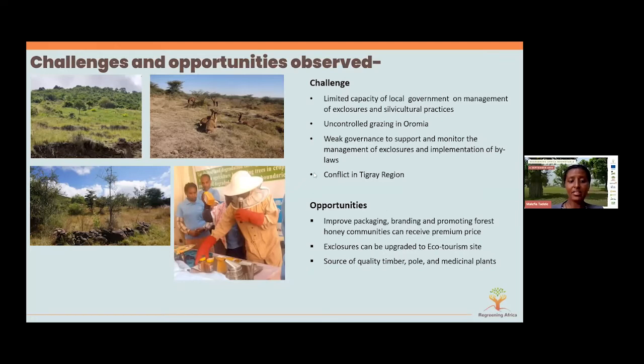These exclosures can also be upgraded into ecotourism sites and improve the livelihoods of the local community. Exclosures can also be a source of quality timber poles and also benefit the local communities. These are the opportunities that we have identified. Next slide, please.